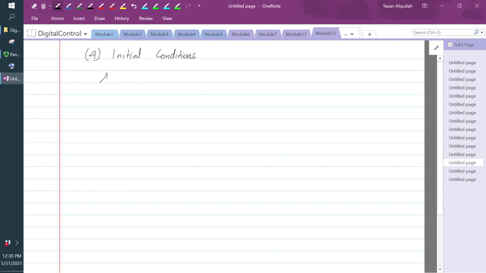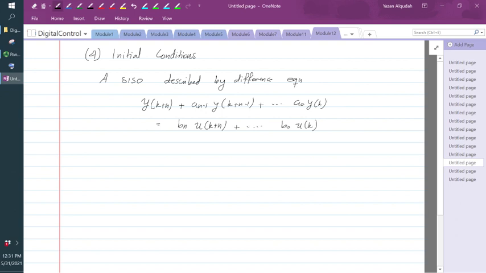If we are given a single input, single output, discrete time system described by the difference equation y of k plus n plus a n minus 1 y of k plus n minus 1 all the way to a0 y of k equal to bn u of k plus n all the way to b0 u of k, we said we can use state space representation to write this as x of k plus 1 equal to a x of k plus b multiplied by u of k, and y of k is equal to c x of k plus d multiplied by u of k.